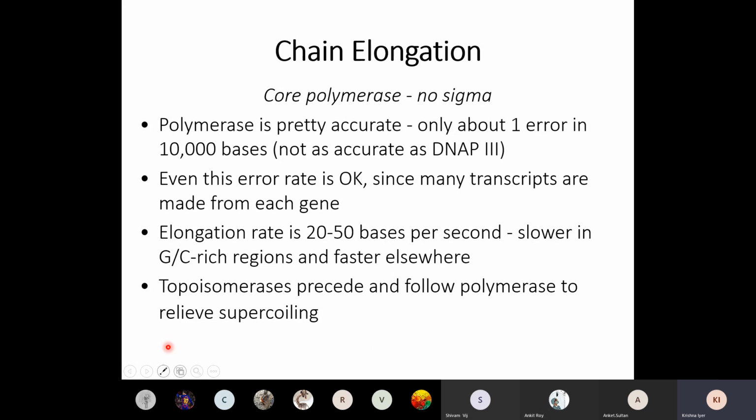It is usually reserved to topoisomerases. They will break the DNA, unwind it a little bit, and then allow the polymerase to come through. And when the polymerase passes, they come back again, cut the DNA and do the exact opposite, and the DNA is back to its stable structure. Is that clear? So polymerase itself doesn't have too much helicase activity. It is usually done by topoisomerases, and in some cases helicases and topoisomerases. Is that clear? Yes, sir.